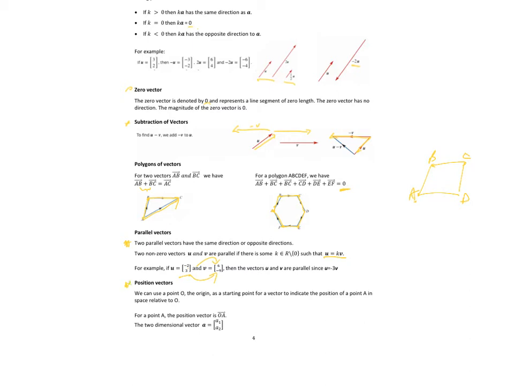Often we use a vector as a reference point. So if I come up here where I've got this A, B, C, D, I might have the vector O here. So from O to A, OB, OC, OD. Yeah?